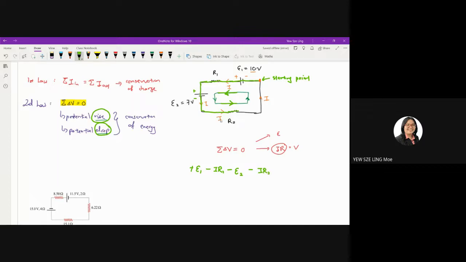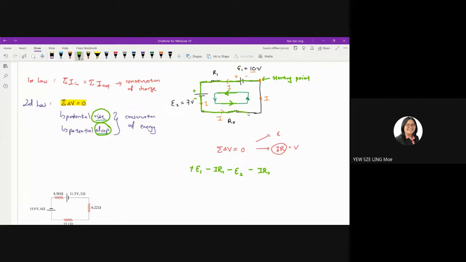All right. If I and the loop are in the opposite direction, then you will have a positive IR, because the loop and the I are against each other. I will show you how later on, don't worry. But right now, we just learn how to form an equation.